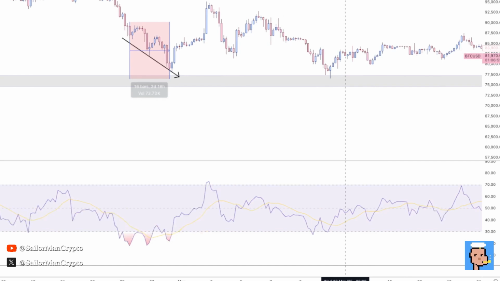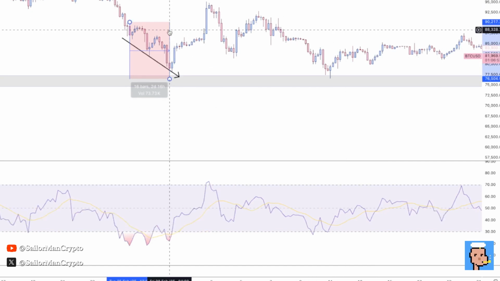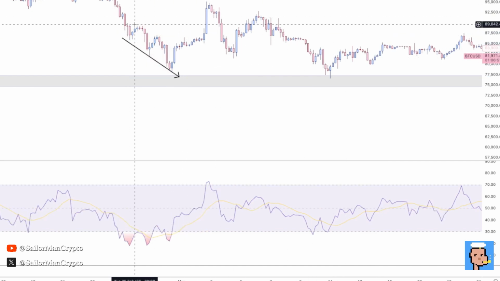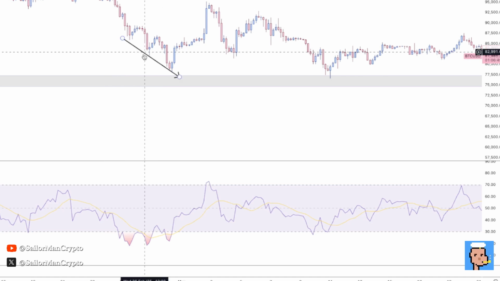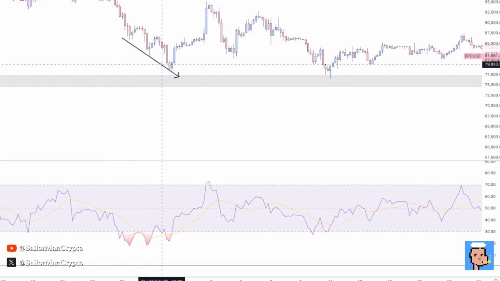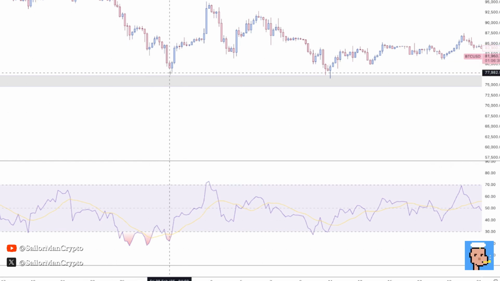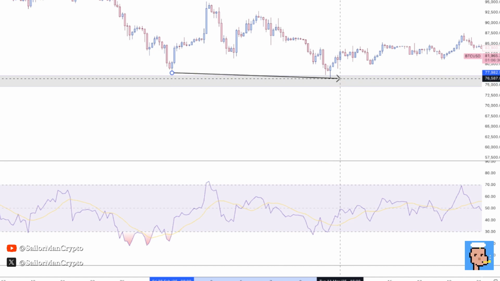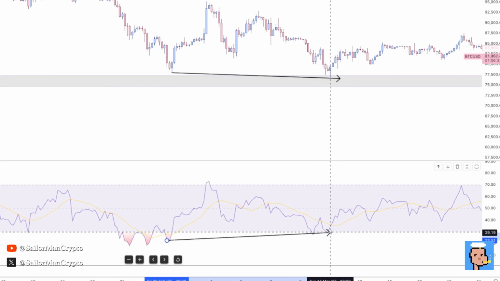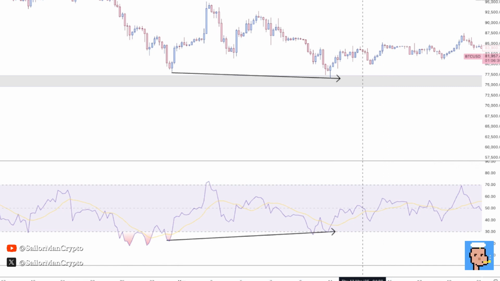What would be wrong is to look for a divergence very far away in terms of candles from the place you are looking. So to look for this divergence, for example here in the 4-hour time frame, from this low to this low that are lower lows, and say that there is a divergence here, is technically wrong.